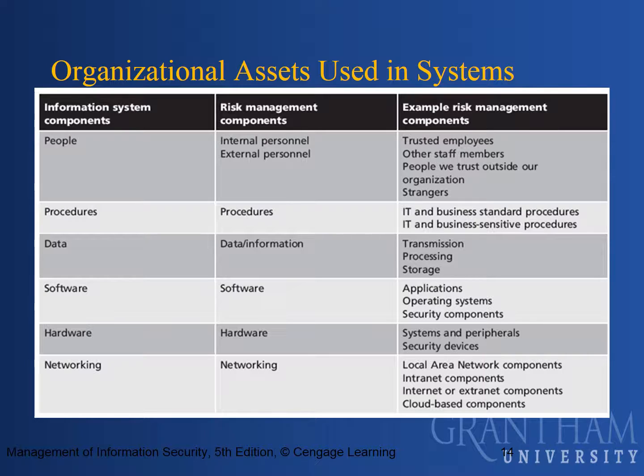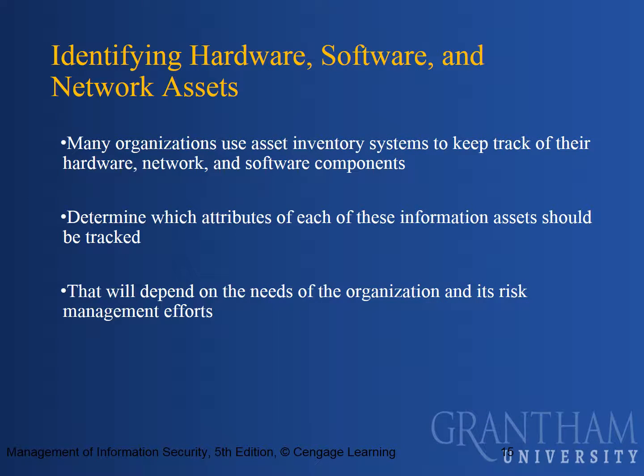Note the chart for organizational assets used in systems, broken into 3 columns: information system components, risk management components, and example risk management components. Identifying hardware, software, and network assets, whether automated or manual, the inventory process requires a certain amount of planning.